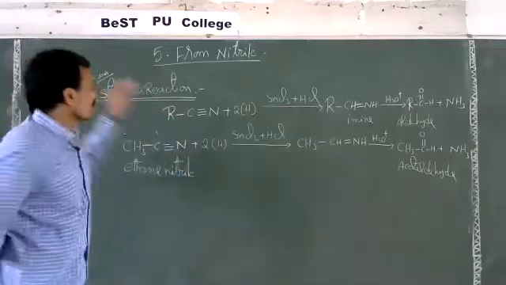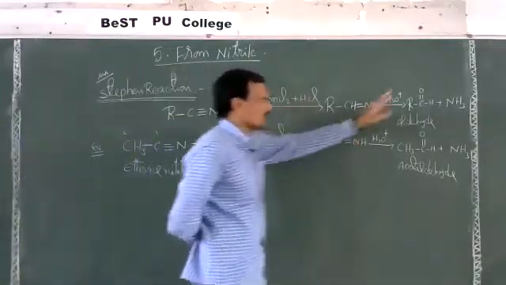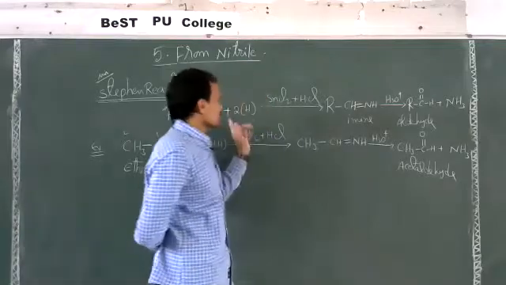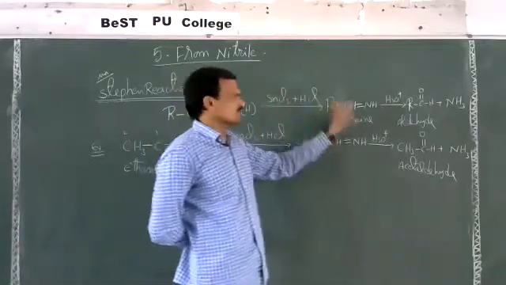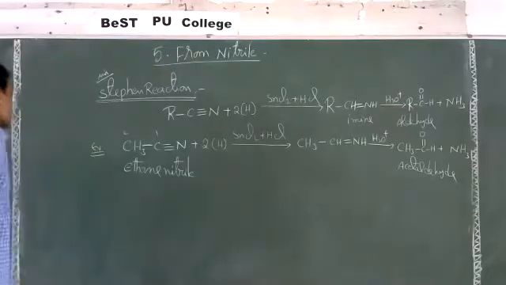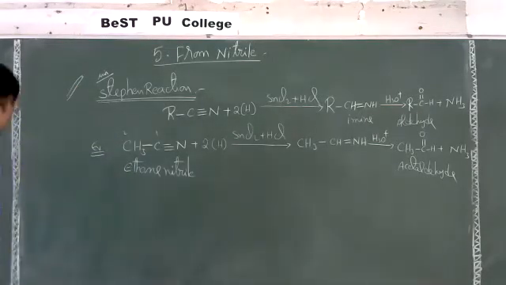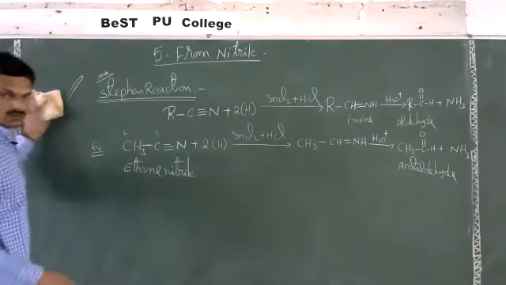So reduction of nitriles followed by hydrolysis gives aldehydes. First on reduction we get imine, and this imine on hydrolysis gives aldehydes. This reaction is known as the Stephen reaction or Stephen reduction. So this is the first one.